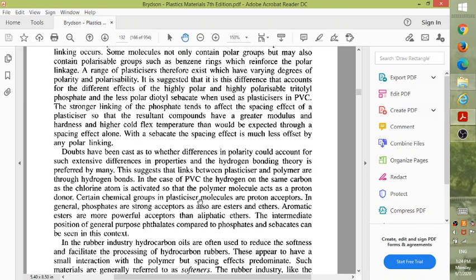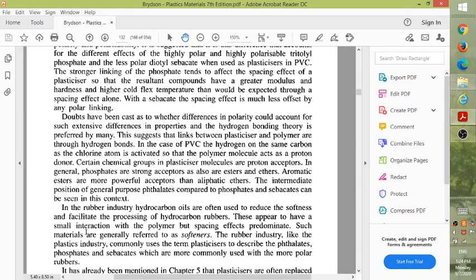Certain chemical groups in plasticizer molecules are proton acceptors. In general, phosphates are strong acceptors, as also are esters and ethers. Aromatic esters are more powerful acceptors than aliphatic ethers. The intermediate position of the general purpose phthalates compared to phosphates and the other plasticizers can be seen in this context.